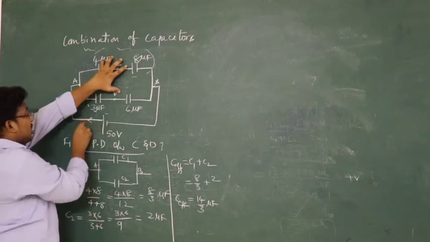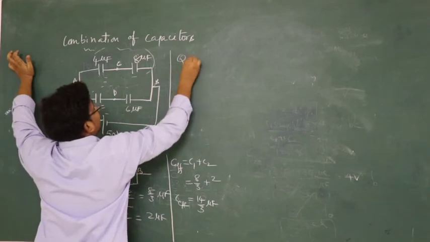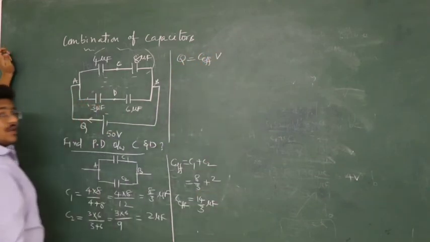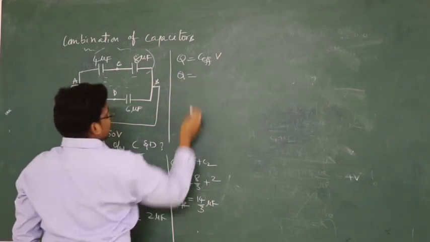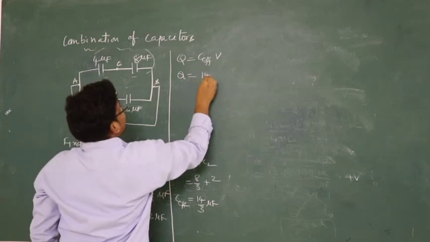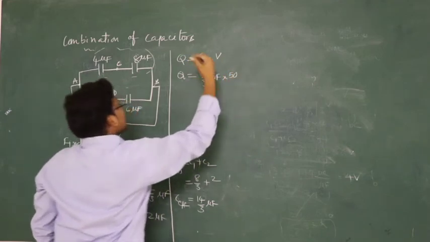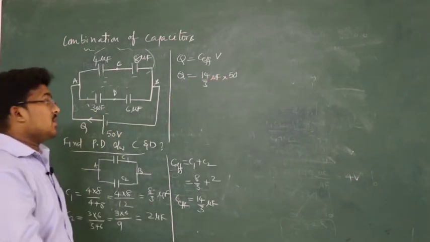Now we got the total capacitance and we have the battery voltage. Now can I get the charge Q? What is the formula for Q? You know that Q from the battery is equal to C effective into V. Q is equal to CV. Now Q from the battery is equal to C effective, which we got as 14 by 3 microfarad, into the battery voltage 50. 14 times 50 is 700.